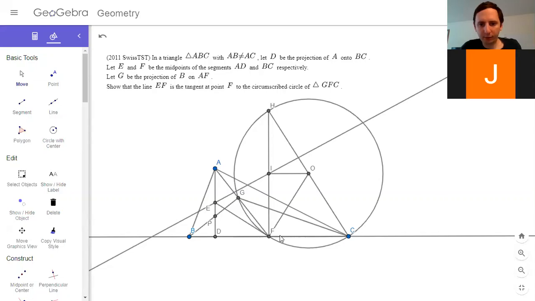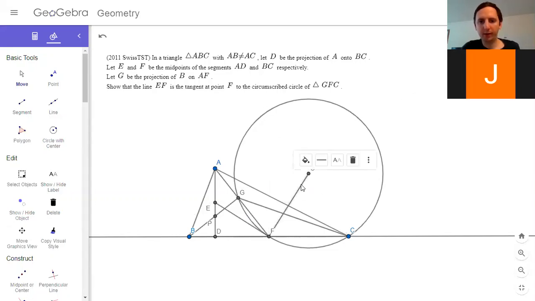GDP is similar to GCF. Okay, so I'm gonna look at Arabian Math's idea. So I'm gonna delete a bunch of stuff in the figure. That's probably unnecessary.